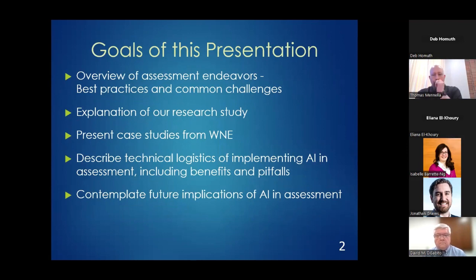We have several case studies to share with you, and we will spend some time describing the technical logistics, including benefits and pitfalls. At the very end, we want to talk about future implications based on what we've learned about using AI in assessment.